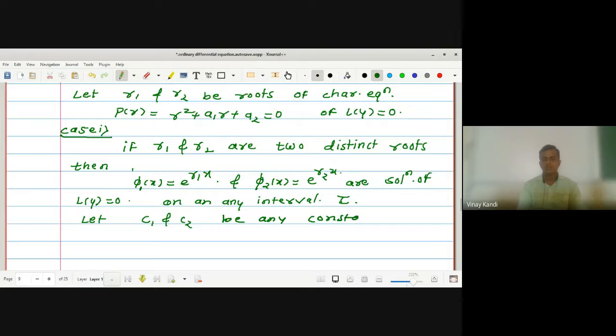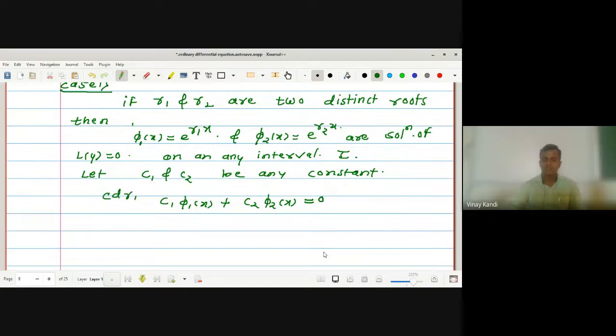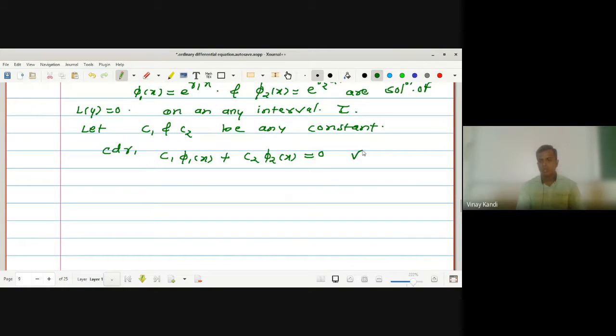Now consider c1 phi 1 of x plus c2 phi 2 of x is equal to 0 for all x belongs to I, on any interval. Which implies that c1 e raised to r1 x plus c2 e raised to r2 x is equal to 0 for all x belongs to I. Okay, any doubt up to here?